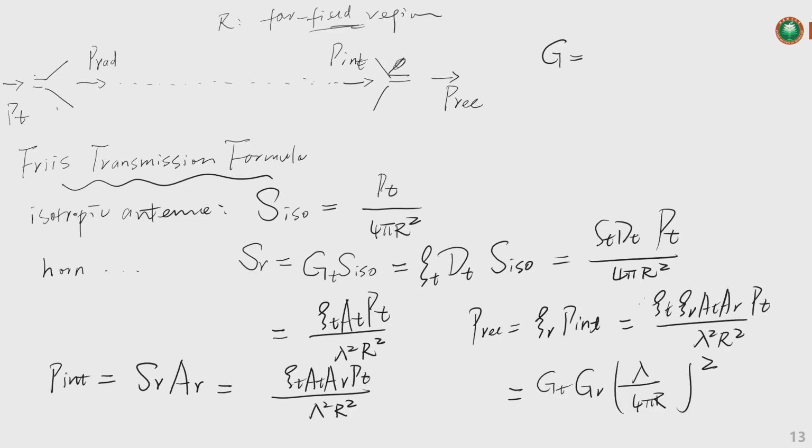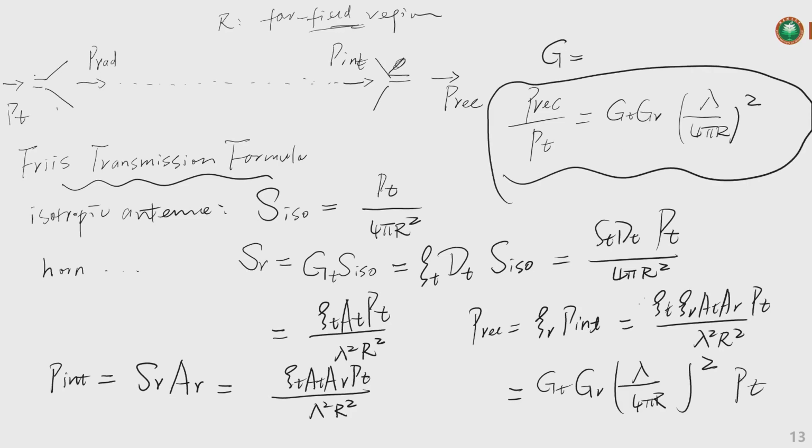Okay, I lost one reference T. So that means the received power divided by the transmitted power equals G_t G_r times lambda over 4 pi r squared. I think this is the commonly used Friis formula for the calculations.